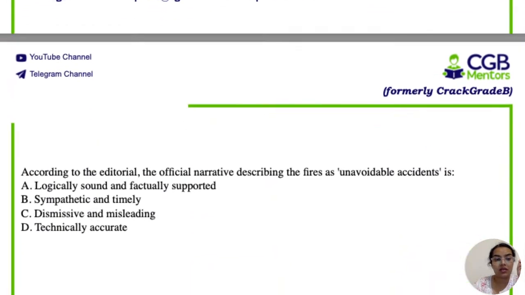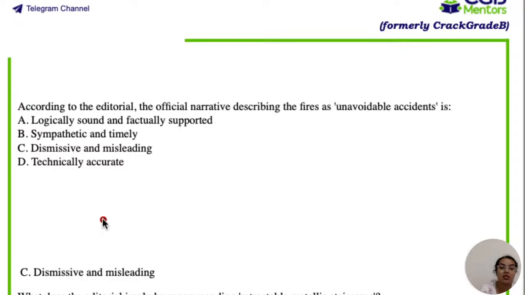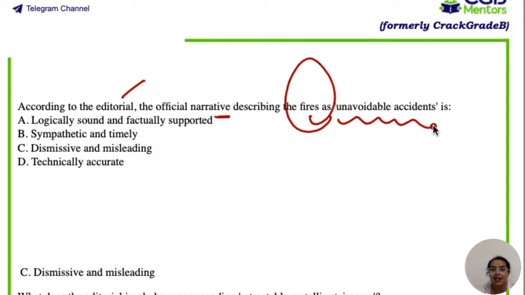Next one. Okay, so answer is C. According to the editorial, the official narrative describing the fires as unavoidable accident is dismissive and misleading.